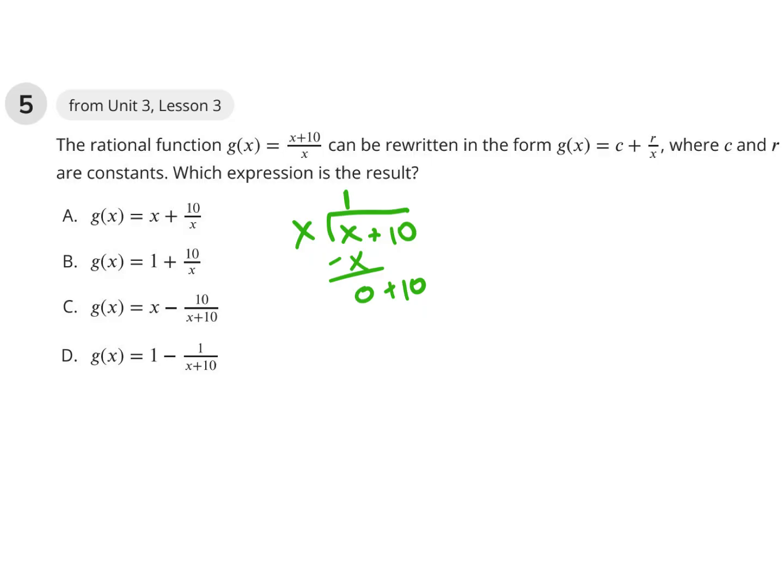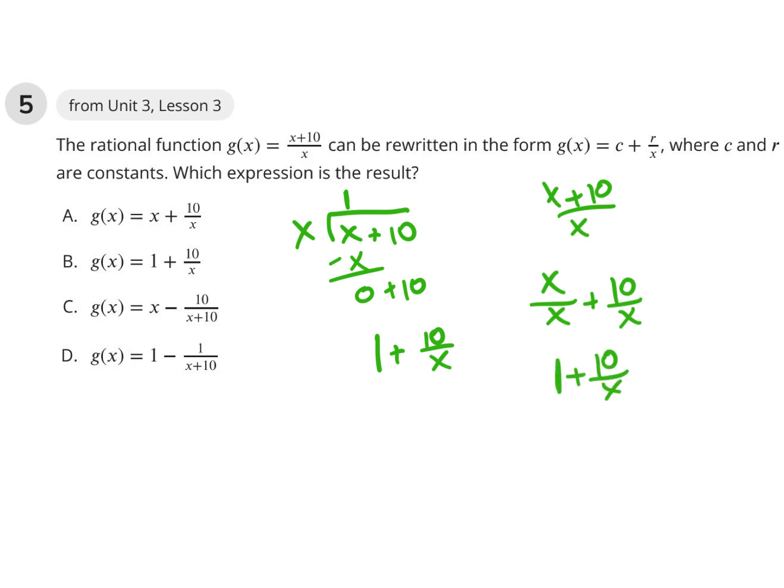That's our remainder. So we get 1 plus 10 over x, or we can just separate the fraction into x over x plus 10 over x. x divided by x is 1, and we get the same thing, which leaves us with b again.